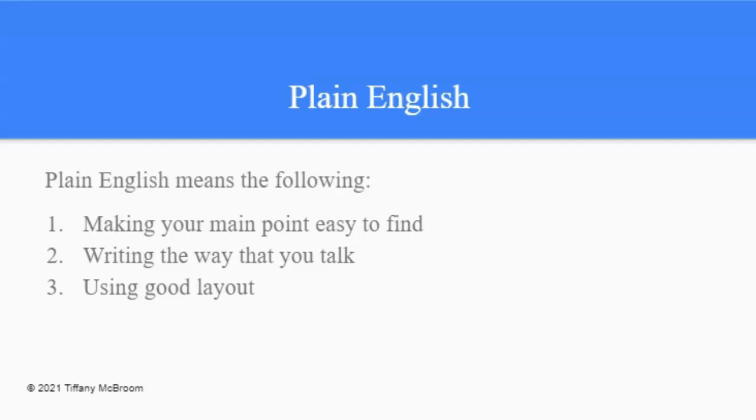However, the best papers, the ones that tend to be most interesting, are written in a way that people actually communicate. Everyone in this course is most likely articulate and can convey a message in person fairly well.